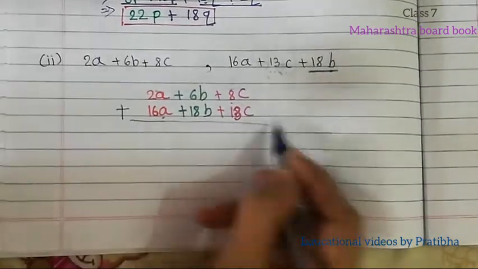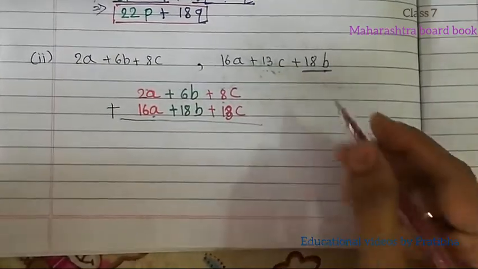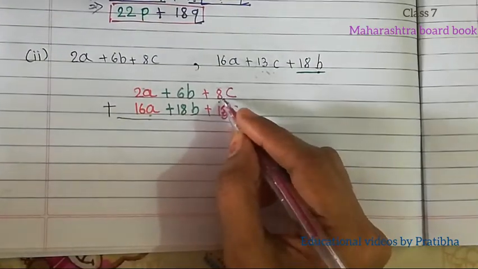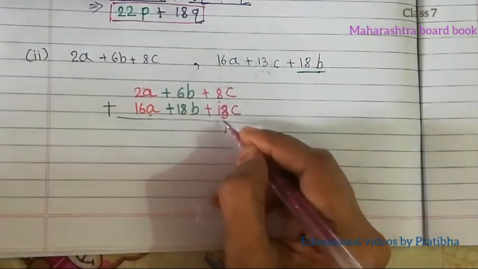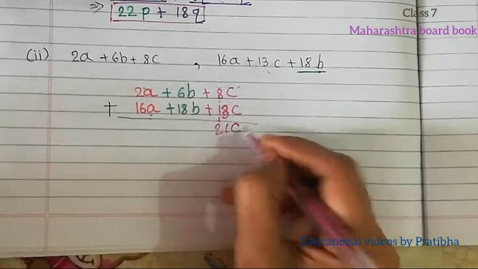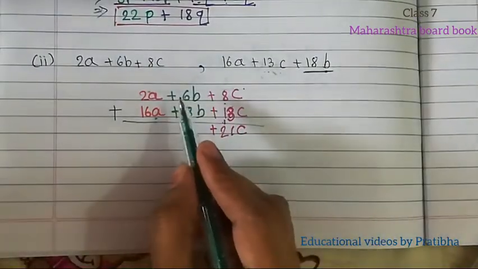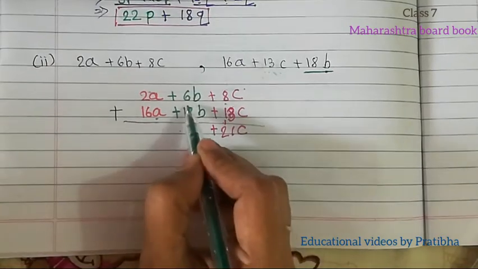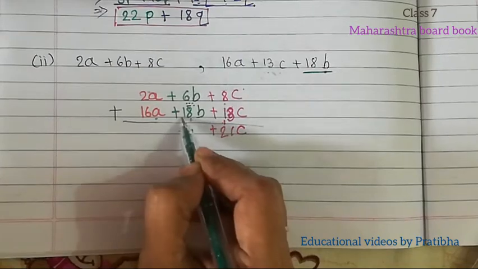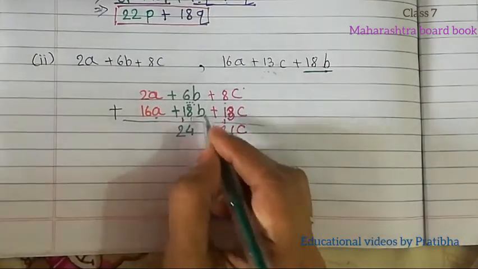Now let us add the terms. Let us add the unit place first. 8 plus 3: 8, 9, 10, 11, 1, carry over 1, 1 plus 1, 2. C will remain as it is. Now let us add the middle terms, 6 and 18. 8 plus 6: 8, 9, 10, 11, 12, 13, 14, 4, carry over 1, 1 plus 1, 2, 24.